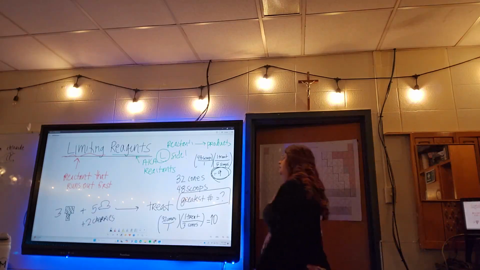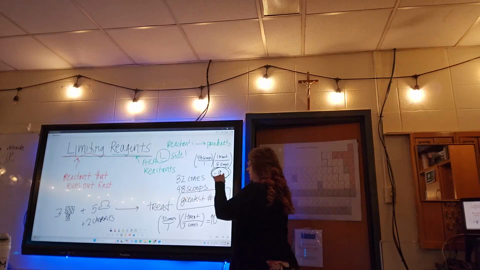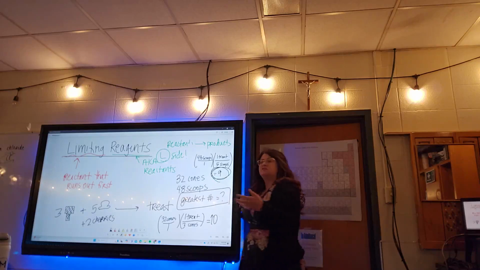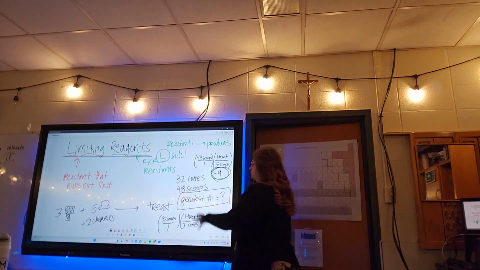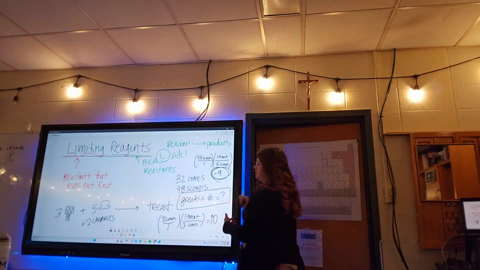All right, so notice a couple of things. We chose the number that was smaller, even though it's asking for the greatest number, because we ran out of scoops before we ran out of cones. Did we add these two numbers together? No, that's nonsensical, right? You're still making that one treat, and you need both of these ingredients to make the treat.